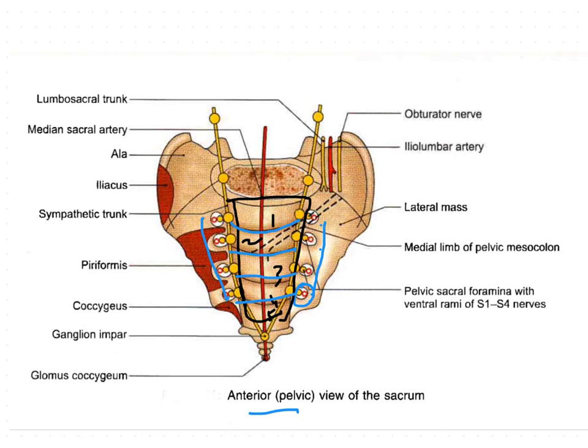Okay, and here another important thing: there are bars of bone which separate the foramina from one another on each side, present as costal elements. So here you can see this bar of bone separating each foramen.